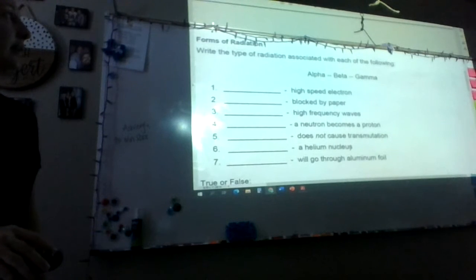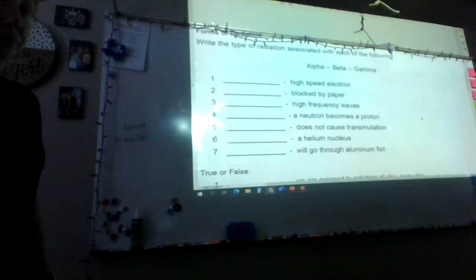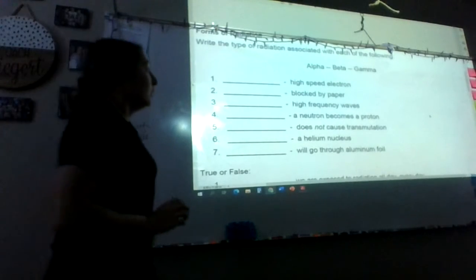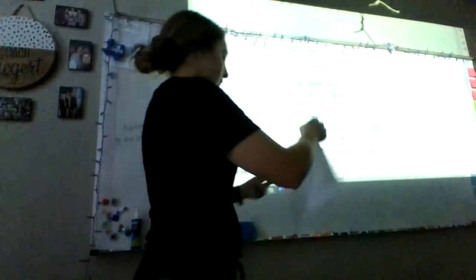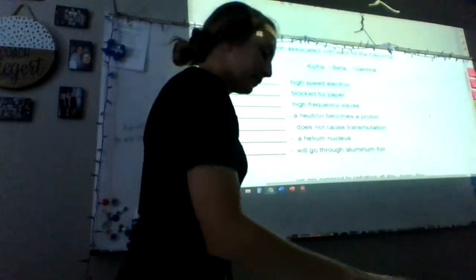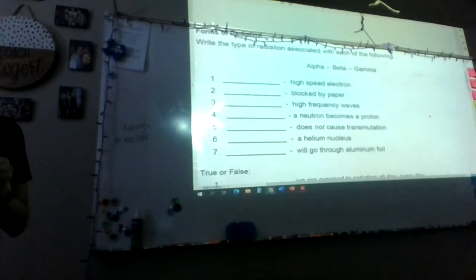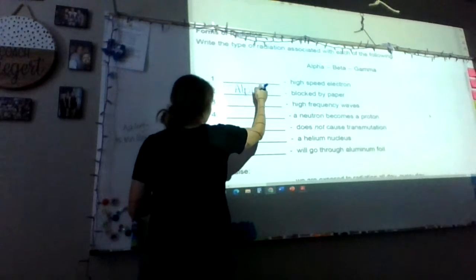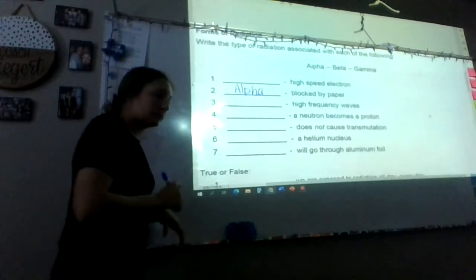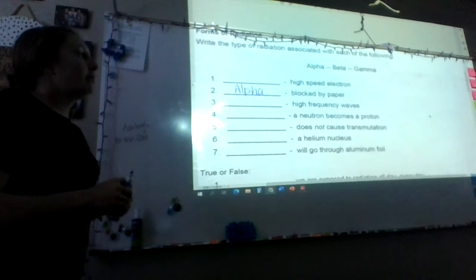All right, now we're talking about radiation. Alpha, beta, and gamma. Let's see what we got. Which ones did I want to do on this one? Number 2, blocked by paper. Alpha. Number 4, a neutron becomes a proton.